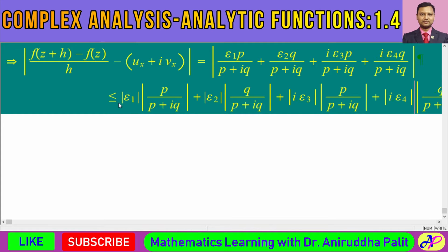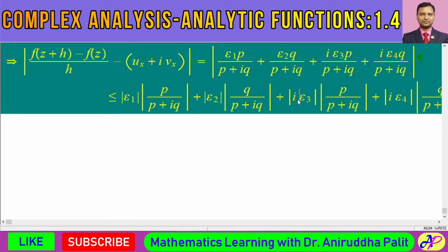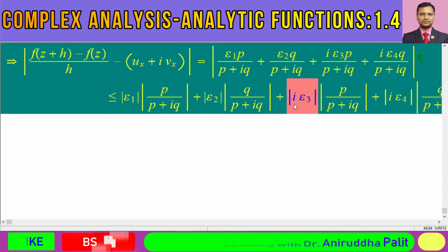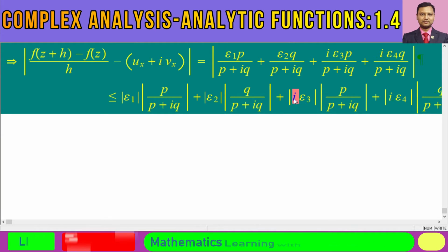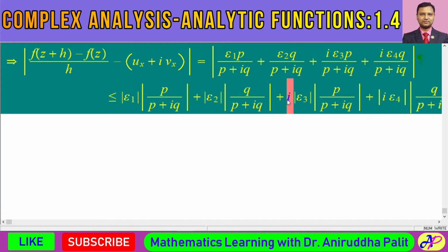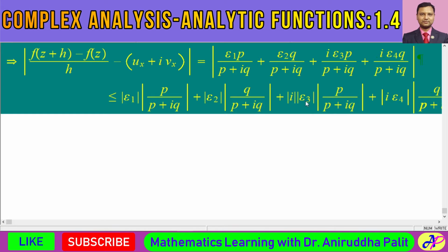Now you see this expression, modulus of i into epsilon 3. What is this? Modulus of i is actually equal to 1. So I should rather write it in this way: it becomes equal to modulus of i into modulus of epsilon 3, and modulus of i is equal to 1.